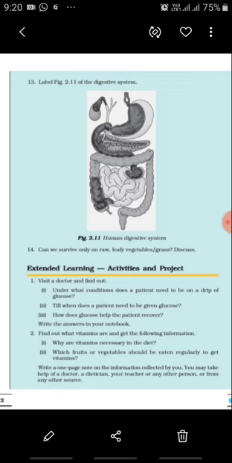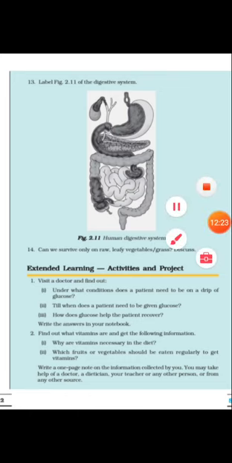So, this is all about the exercise, and you have to note all the exercise answers in your science copy during these holidays. This is all about chapter 2, and that's all.